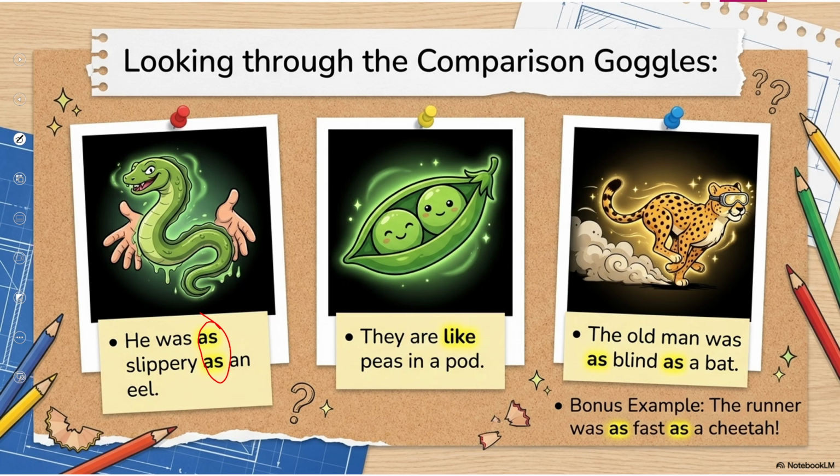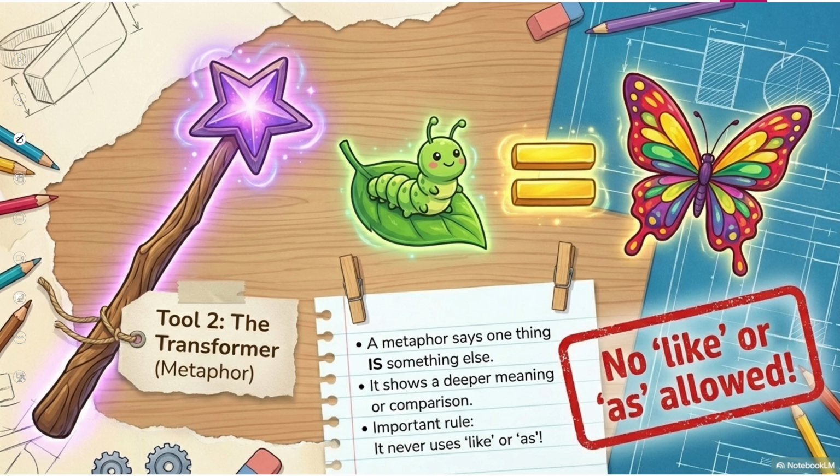The third example is the old man was as blind as a bat. As all of you know, a bat cannot see anything. Then we have another example, which is the runner was as fast as a cheetah. Now we are comparing the runner with the cheetah, and we know the quality of the cheetah is that it runs very fast.